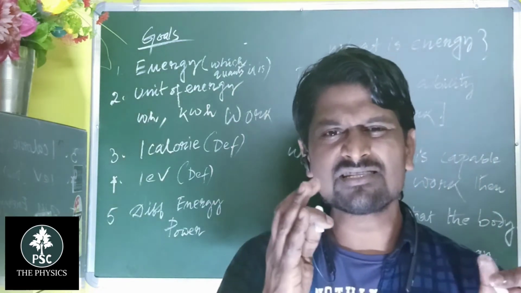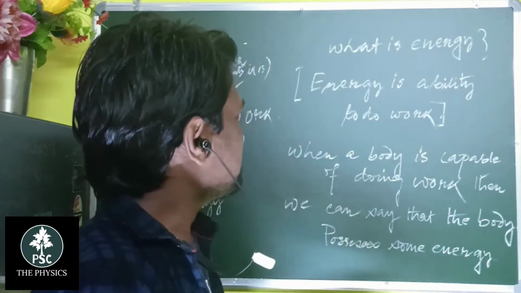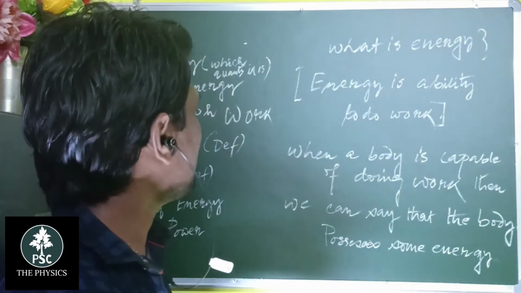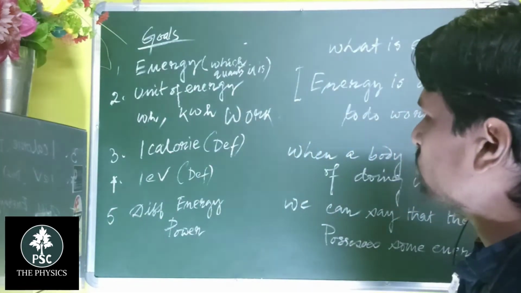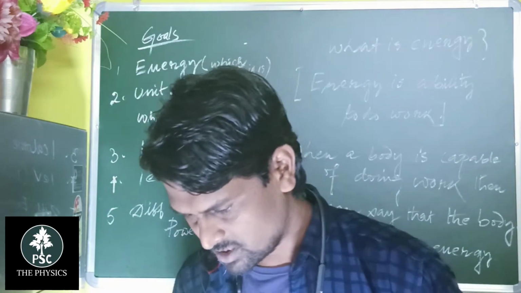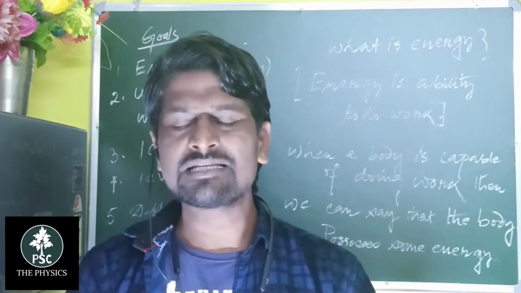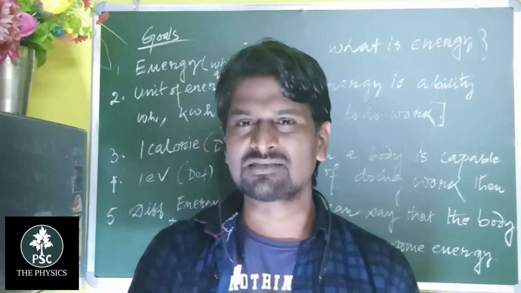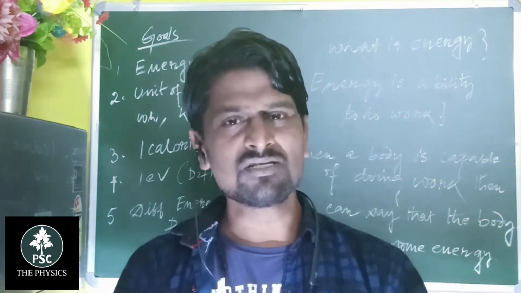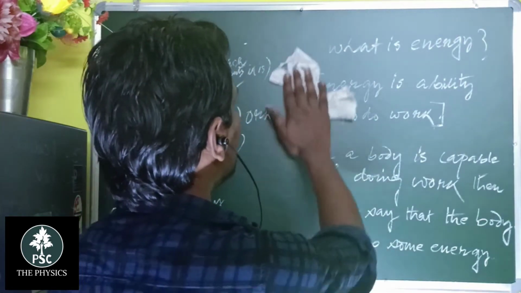So work is somehow interconnected with energy, and which quantity is it? It is a scalar quantity. When different physical quantities possess only magnitude, then we can say that this is a scalar, and which possesses magnitude as well as direction, then we can say that it is a vector quantity.